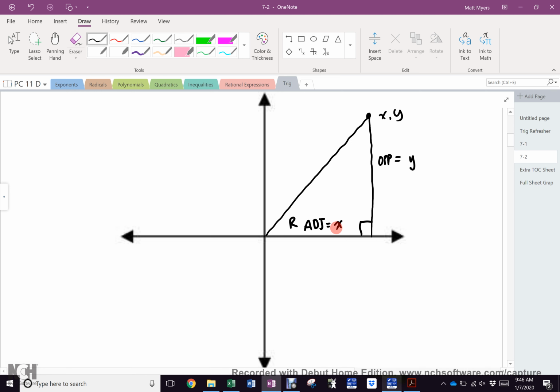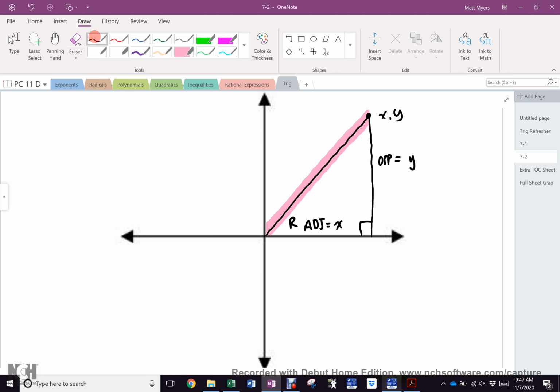Okay. Well, what then can I use to find the hypotenuse? How does tan find me a hypotenuse? Tan uses opposite and adjacent. What do you mean xy? How? Yes, you do.